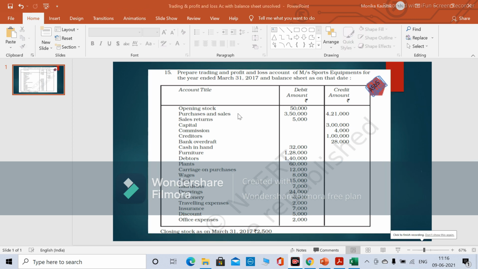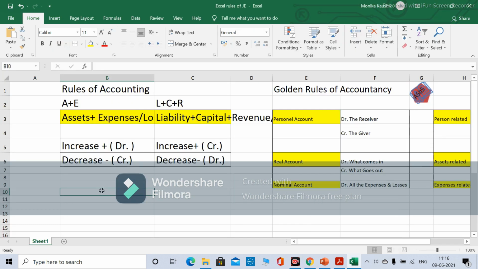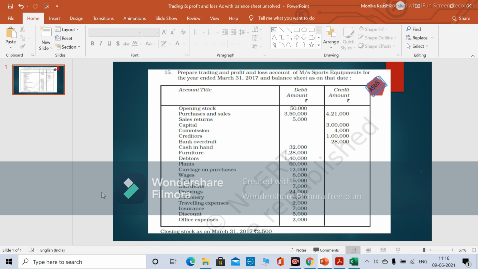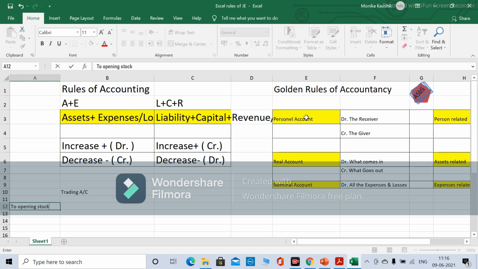This is the opening stock, this is purchase and sales return. Okay, so let's start with the opening stock and the trading account. In the trading account, first of all we have to consider opening stock, which is 50,000.